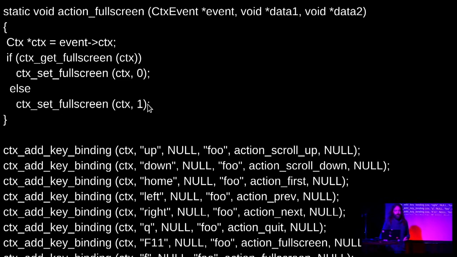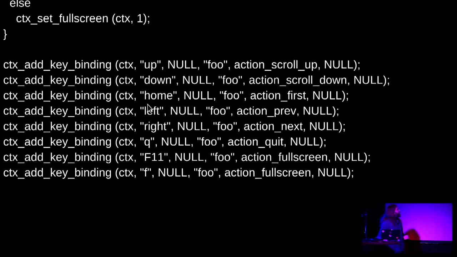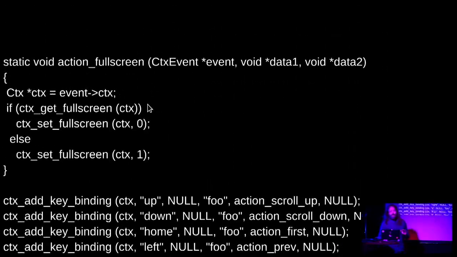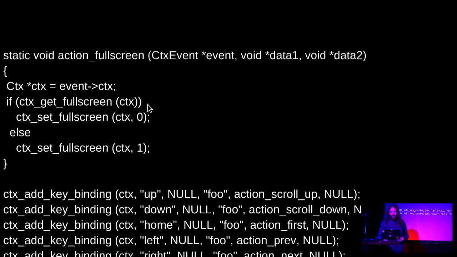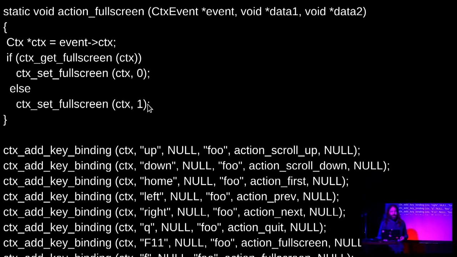You get events in the global coordinates. It also has support for keyboard events. As you might be guessing, this presentation itself is written as a program running with CTX.